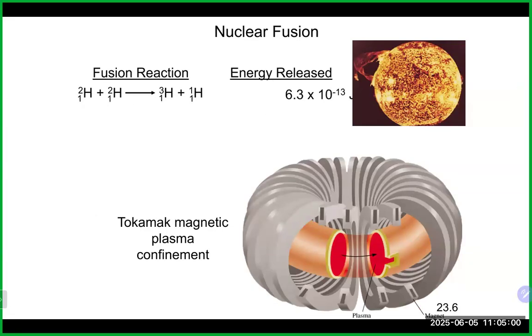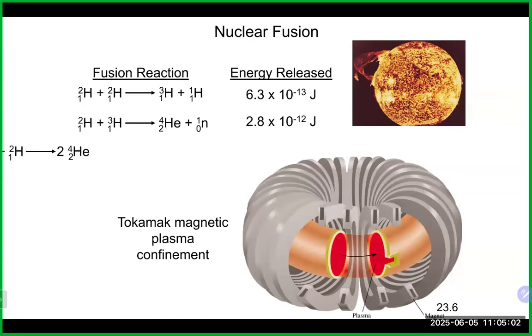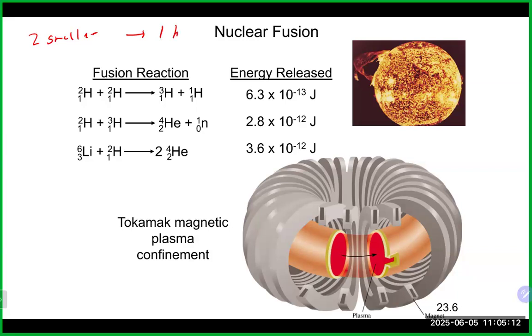Now, fusion, on the other hand, is a little bit different than fission. Fusion is the process where you take two smaller nuclei and make one bigger one, right? So two smaller guys make a larger one.